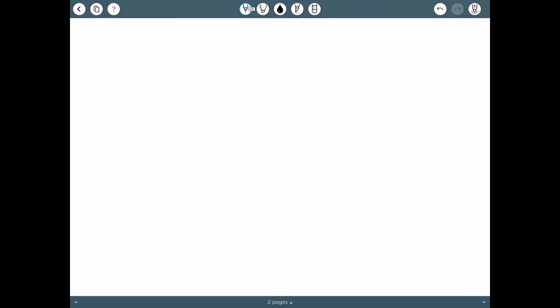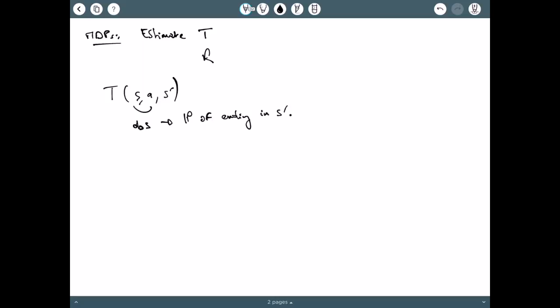So there's a first thing that we can do. We can try to go back to the framework of MDPs. And so what we can do is we can estimate the transition probability and the reward function. So the transition function is just a big table. So you can consider that if you see S and A, then you can update the likelihood that you will end up in S prime.